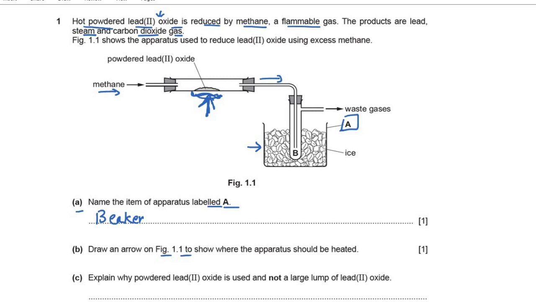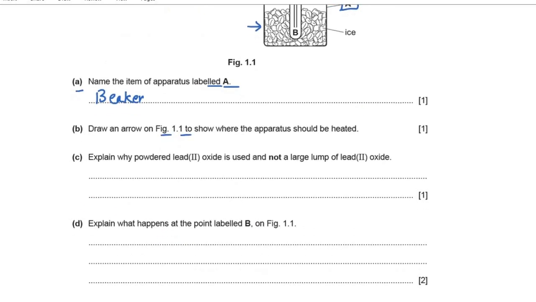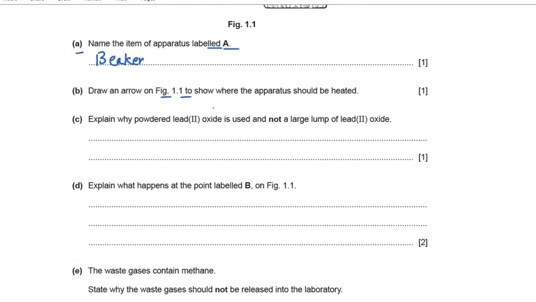Okay, let's go ahead with the next sub question, where part C says explain why powdered lead oxide is used and not a large lump of lead oxide. Now the simple theory behind this is that if we use large lumps, the surface area decreases.